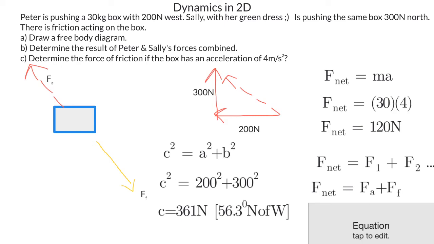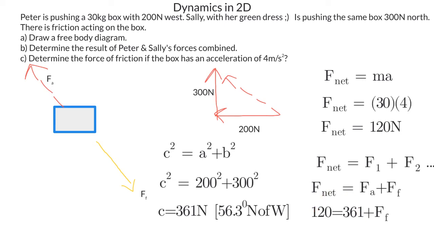So that's going to rewrite as 120 equals the applied force of 361 plus our force of friction. And so hopefully you can recognize that what I'm going to do now is subtract the 361 over to the other side.